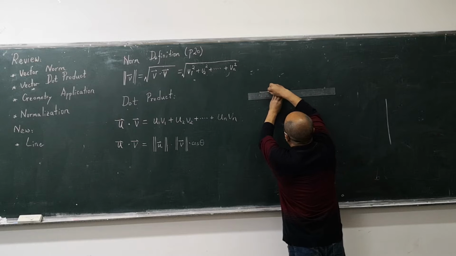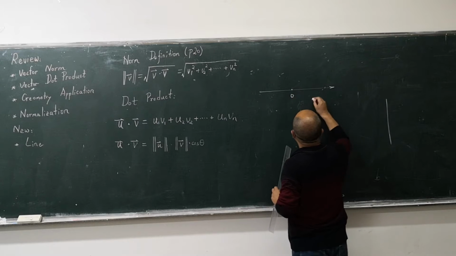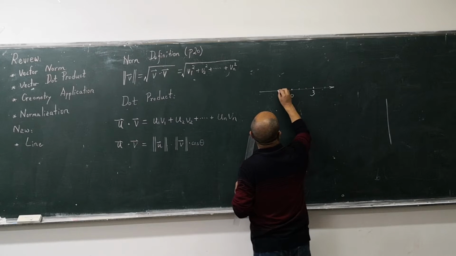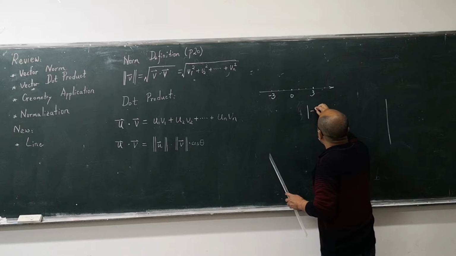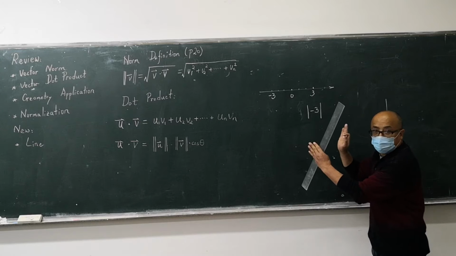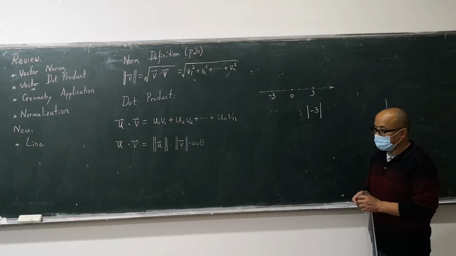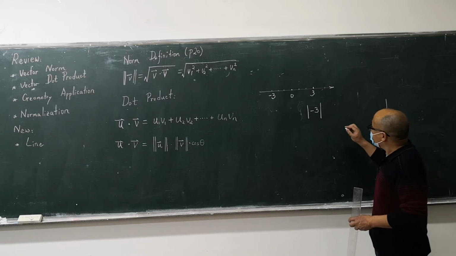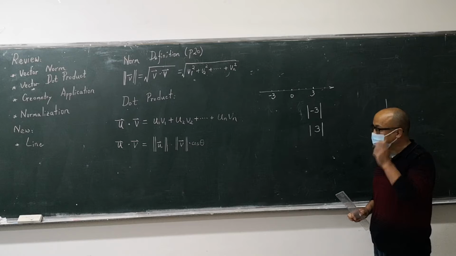In elementary school, the two bars mean the distance to the origin, and it doesn't matter which direction it is.